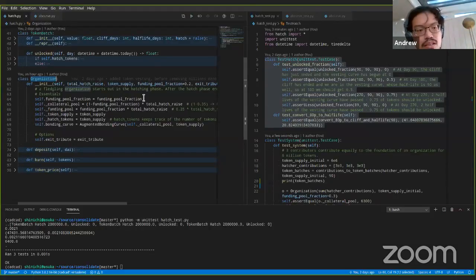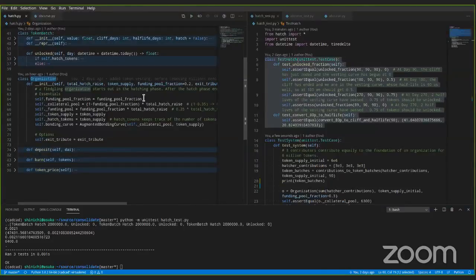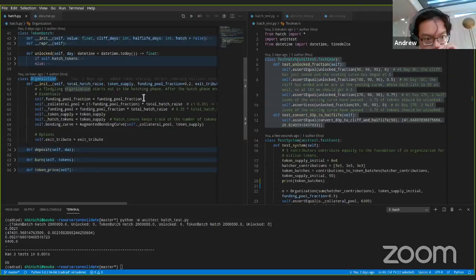So you basically create an organization with some logical numbers here, and then you connect this to cadCAD on your own. For instance, with the persons thing. The persons must own token batches, and the organization needs to be acted upon by some external code, which is not going to be the scope of this thing.